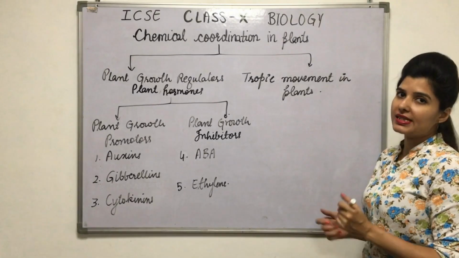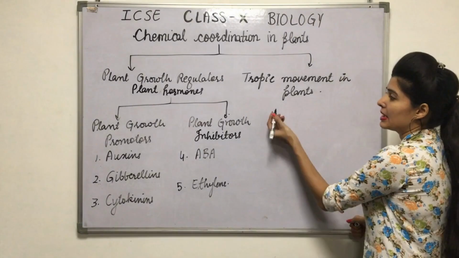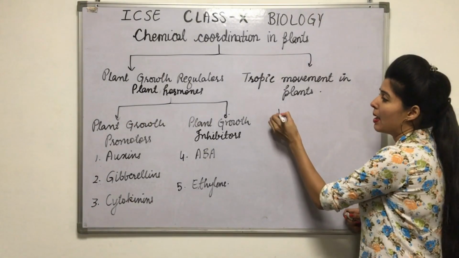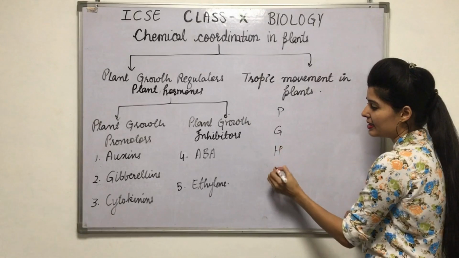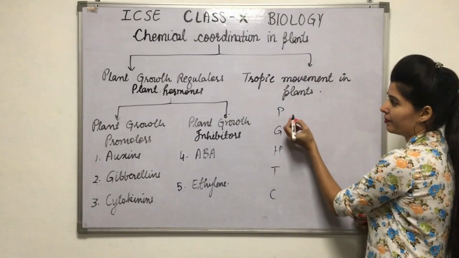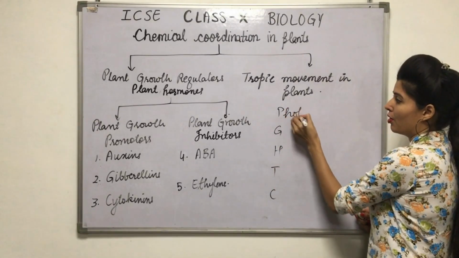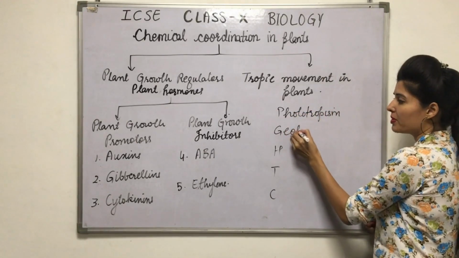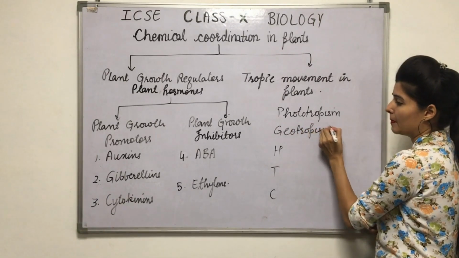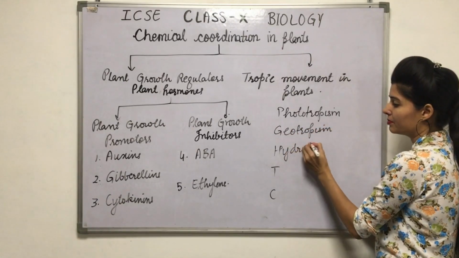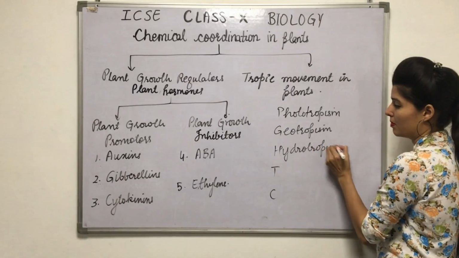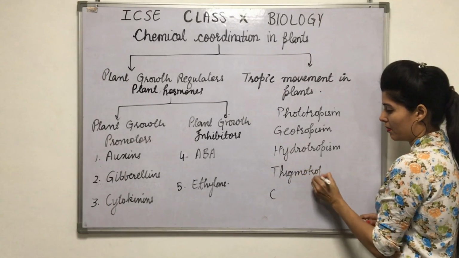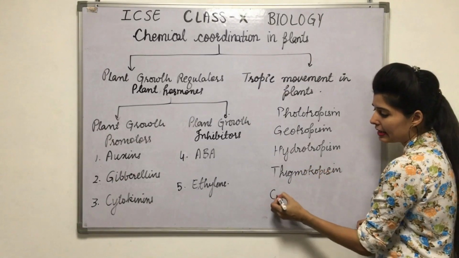And trophic movements can be divided into further parts. Same here, I am telling you the starting initial alphabets: P, G, H, T, C. Phototropism, geotropism, hydrotropism, thigmotropism and chemotropism.